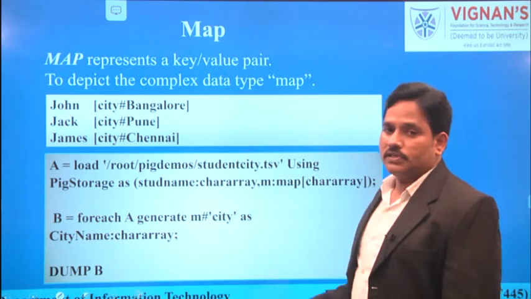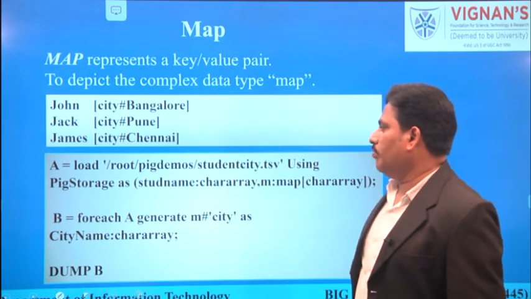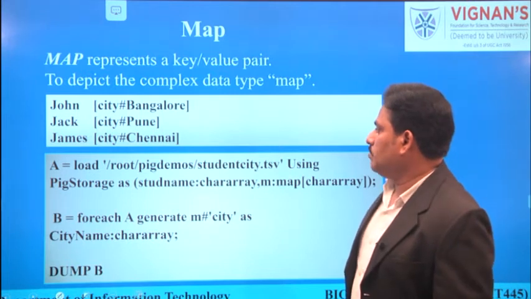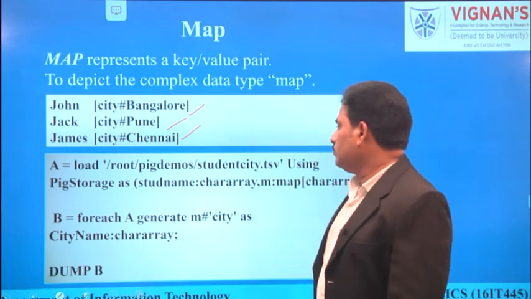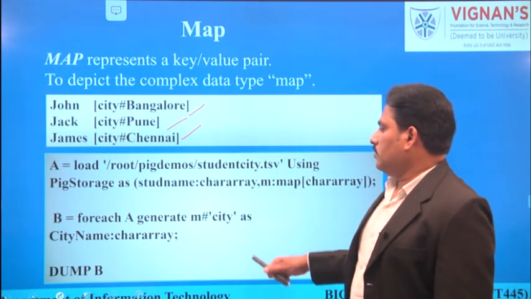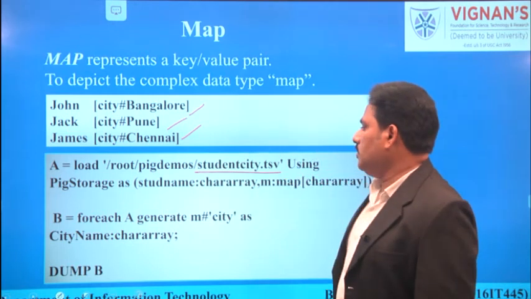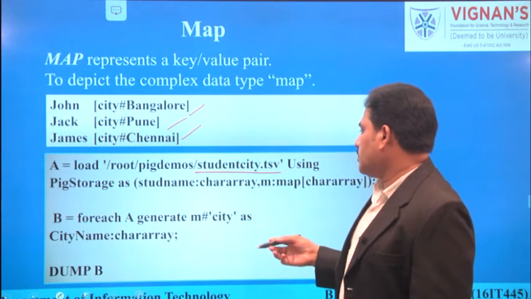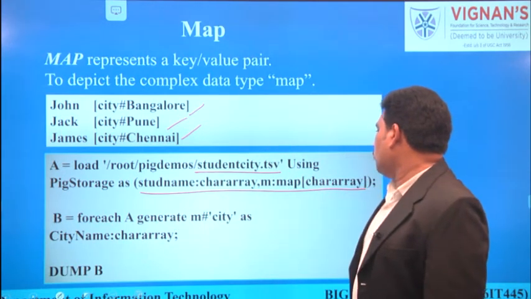It is a complex data type. Look at here. Here we have some information like John, Jack, James, stored with their city names. Here we are loading the file called studentcity.tsv using PigStorage as student name, map.